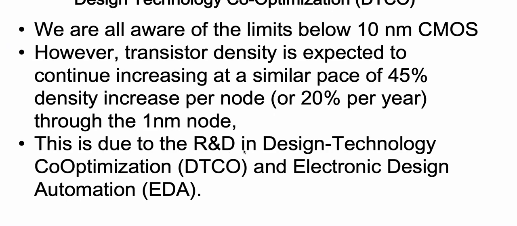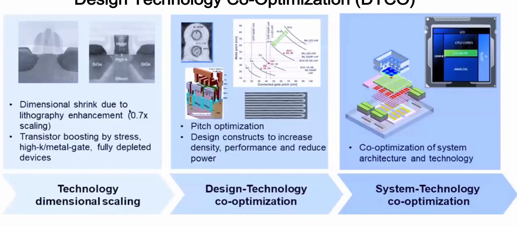This is due to R&D, and the new concept is design technology co-optimization, or DTCO, and improvements in electronic design automation, or EDA. The meaning is that we don't do just scaling of the technology or just improvement in the layout; we do co-optimization of both the layout and the technology dimensional.